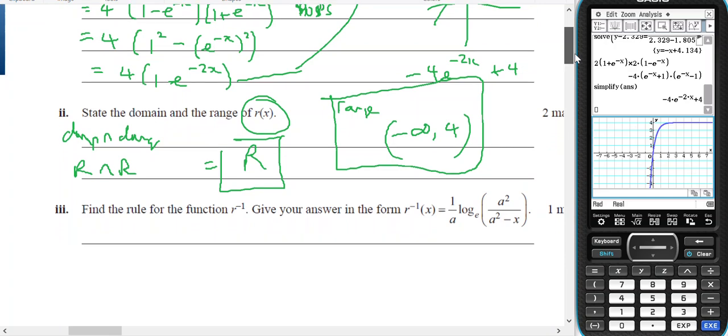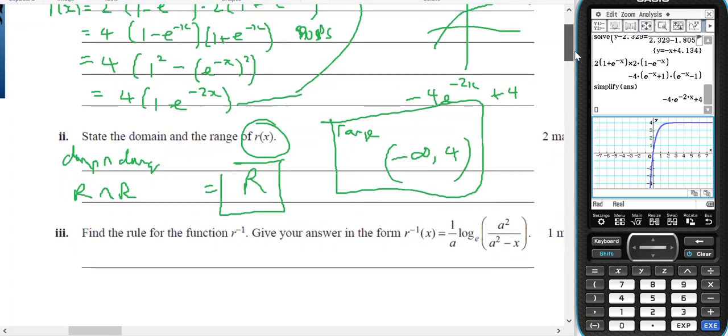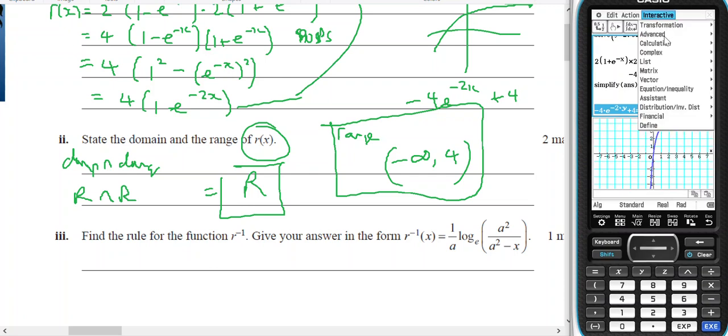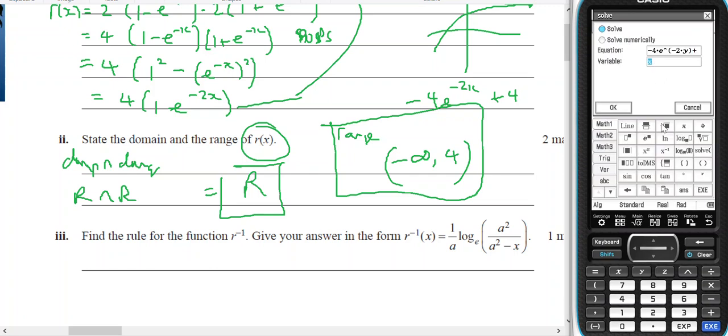Find the rule for the inverse of R, giving your answer in that form. So this is R, so if I go and replace my x with y and make it equal x and go solve for y, I hope it gives it to me in the form I'm wanting.